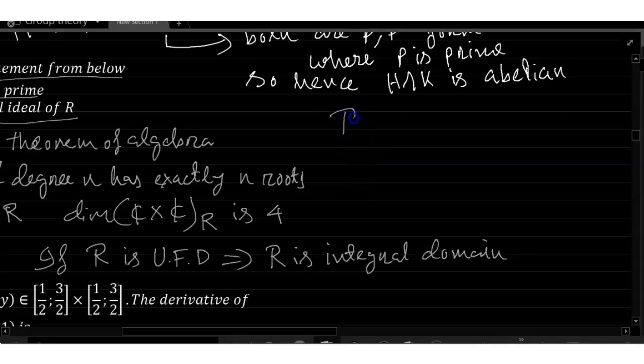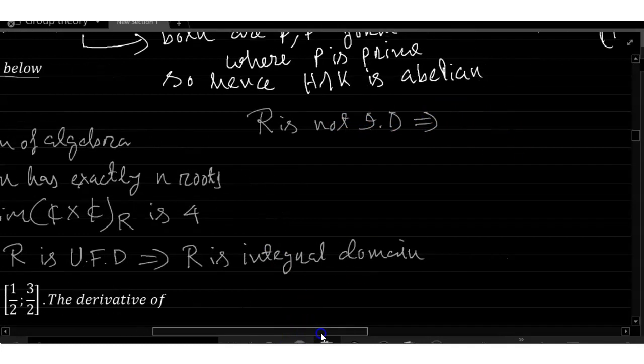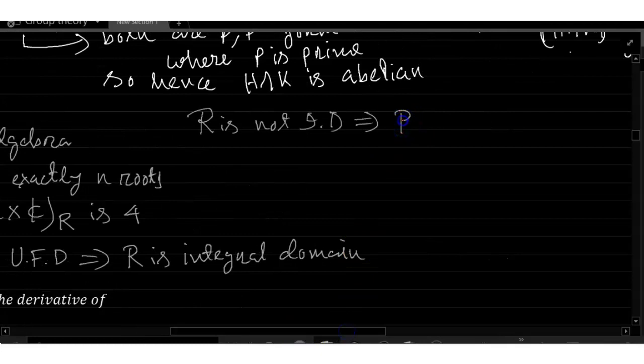That is, R is not an integral domain, which implies R is not a unique factorization domain.